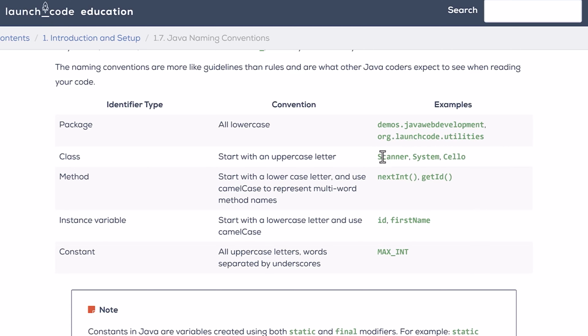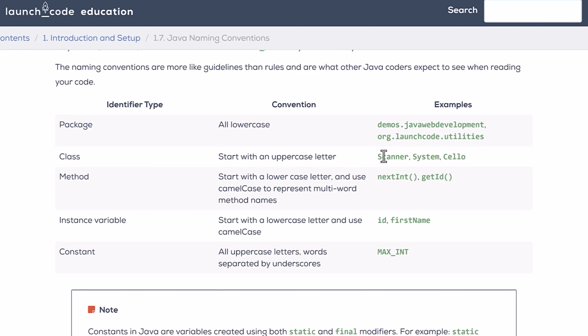They start with the first letter capitalized. That's Pascal case. But a method starts with a lowercase letter, and then the next word is capitalized. We call that camel case, to represent multiple-word method names.